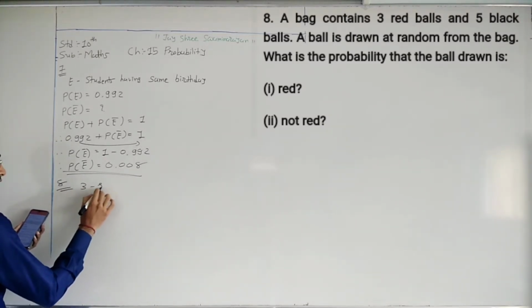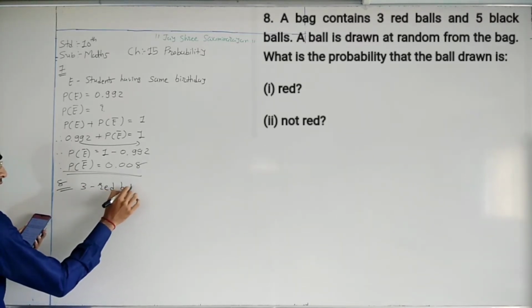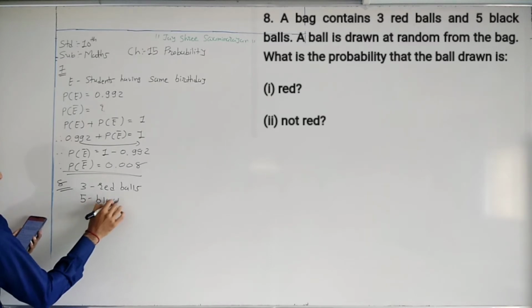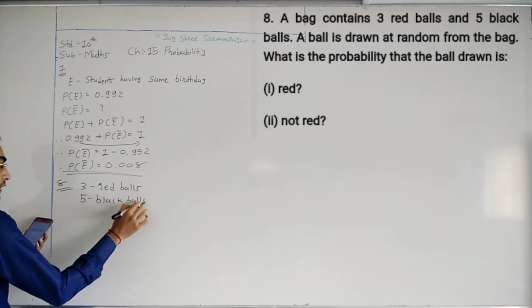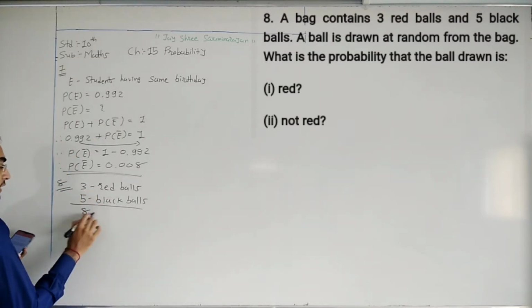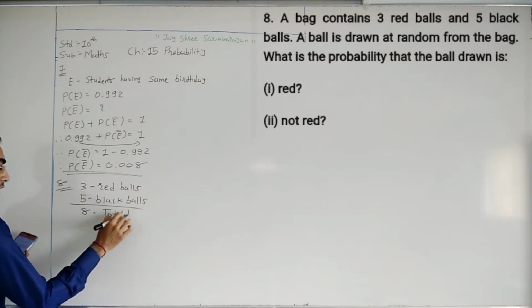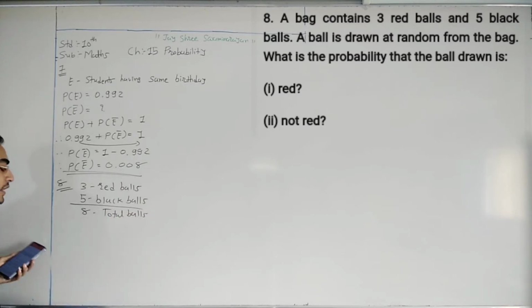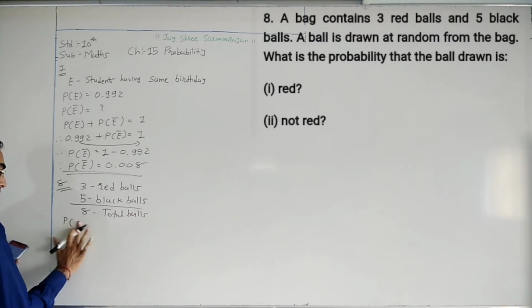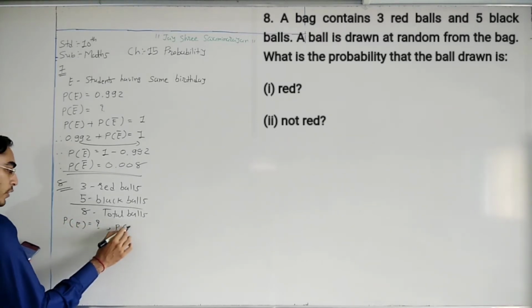Here 3 red balls, 5 black balls. So total how many balls we have? 5 plus 3, 8, right? Total balls. And here we need to find the probability of E and probability of E bar.